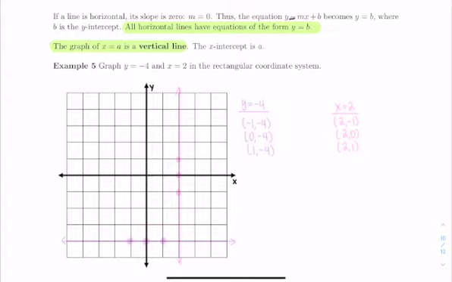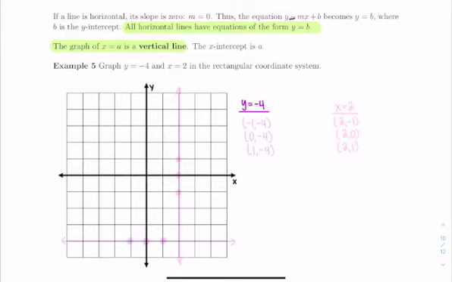We want to graph y equals -4 and x equals 2 in the same rectangular coordinate system. Let's go ahead and look at y equals -4 first. Let's pretend that we didn't know that this was a horizontal line. What this is giving you a stipulation on is that y has to be -4.